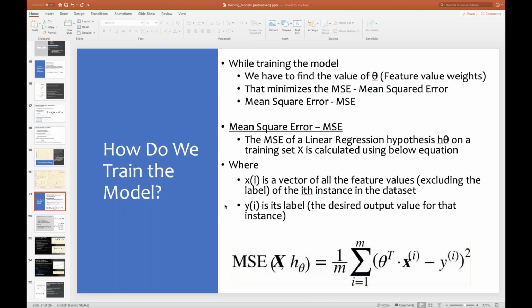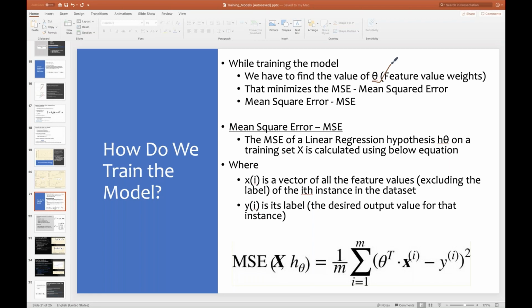Now, what happens when you're training a model? When you're training a model, we have to find the value of theta. Again, theta of 0 is different, theta of 1 is different. Theta is a model's parameter vector, or I can say theta is the feature value weight.